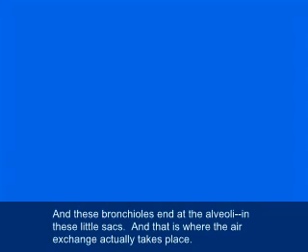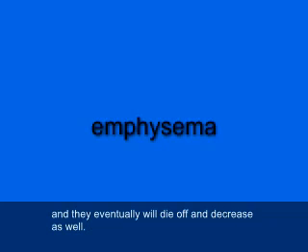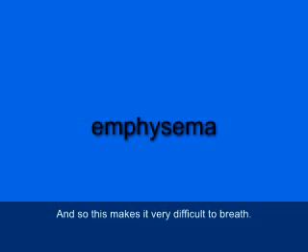And that is where the air exchange actually takes place. So if you're lacking alveoli, you're lacking the ability to exchange air. And the remaining alveoli will enlarge and struggle, and they eventually will die off and decrease as well. And so this makes it very difficult to breathe.